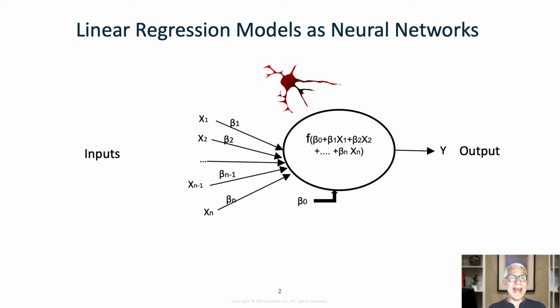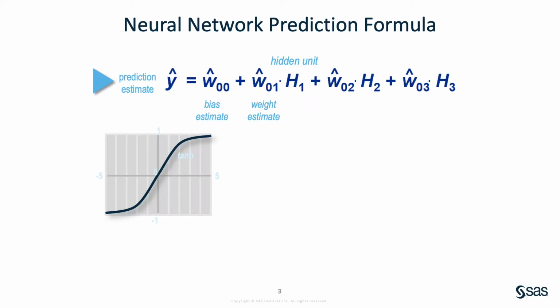It's also going to add together the y-intercept, and then it's going to place that sum into some sort of transformation function. For a linear regression, that, of course, is going to be the identity function. And then over here on the outside, we'll have our output coming from that linear regression.